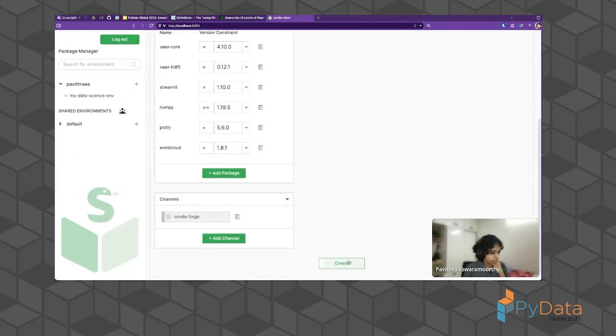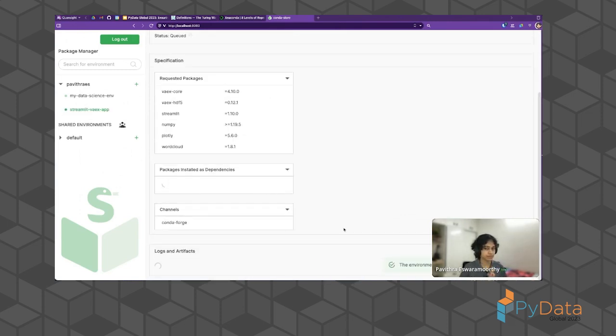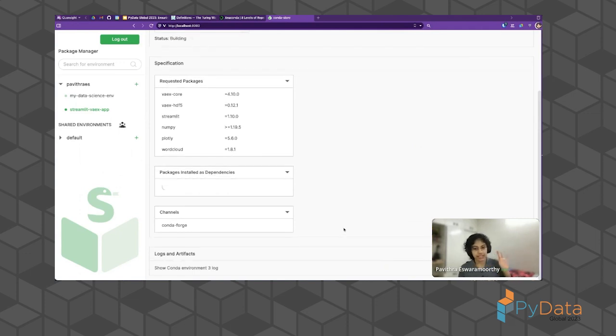And we can hit create. This made the workflow easier by having an intuitive-ish UI, right? We know exactly what to do. I add packages here because there is a button that says add packages here. I don't have to go through the CLI and think about three commands.